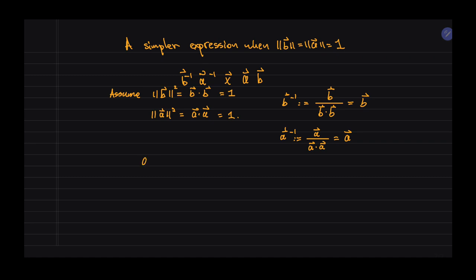So we will use this notation, a hat, to indicate a vector that has length 1. It is the same thing for b.